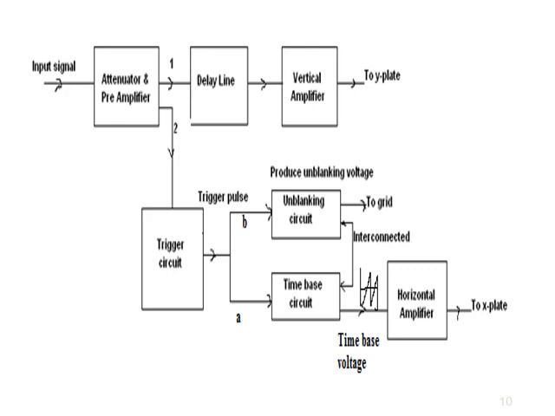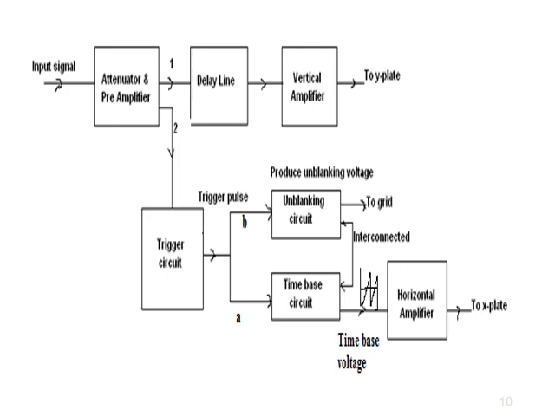As soon as the time-base circuit gets the trigger pulse, it starts generating time-base voltage. The unblanking circuit and time-base circuit are interconnected. During the tracing time, the unblanking circuit provides unblanking voltage to the grid so that it allows the electron beam to flow toward the screen.